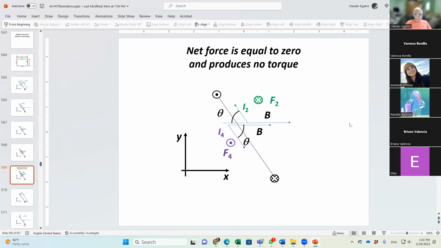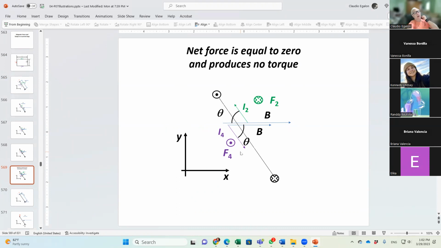Each of the forces is non-zero, but the force here on the arms 2 and 4, the net force is going to be 0. And because those two forces are collinear with each other, there will be no torque whatsoever.